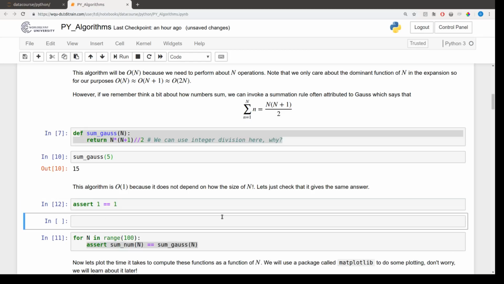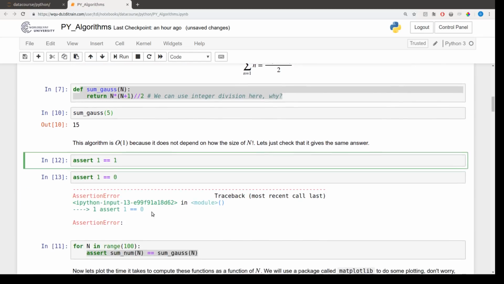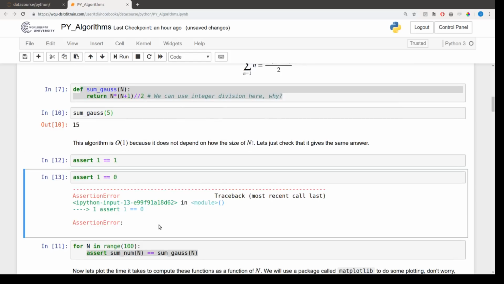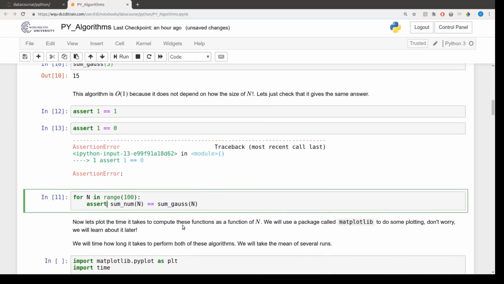But assertions are special statements where if it's true, nothing happens, but if it's false, we raise an error. So here we're asserting that these two sums are equal. And since nothing happens when we run this cell, it must be the case that the two sums are equal for all these numbers n.